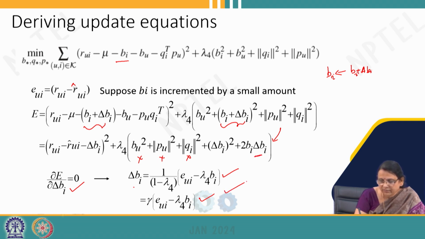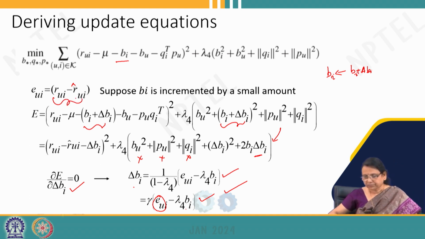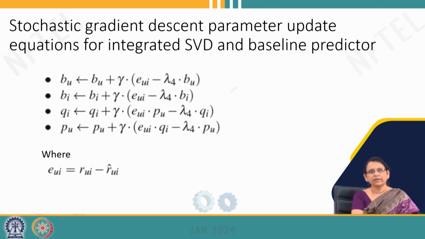So, consequently you have this, in which with delta Bi this is also, and what is this term? This is the error term. This is the error term. Where from the error term is this. Okay.